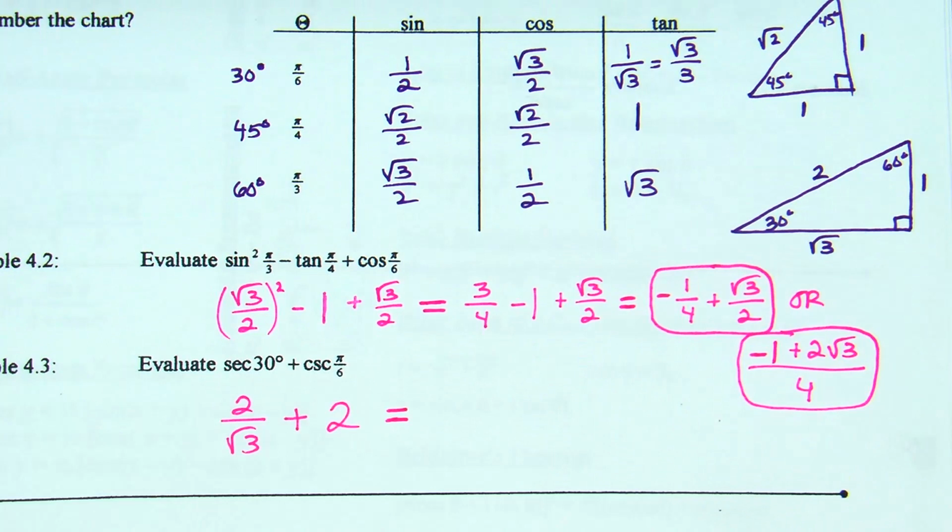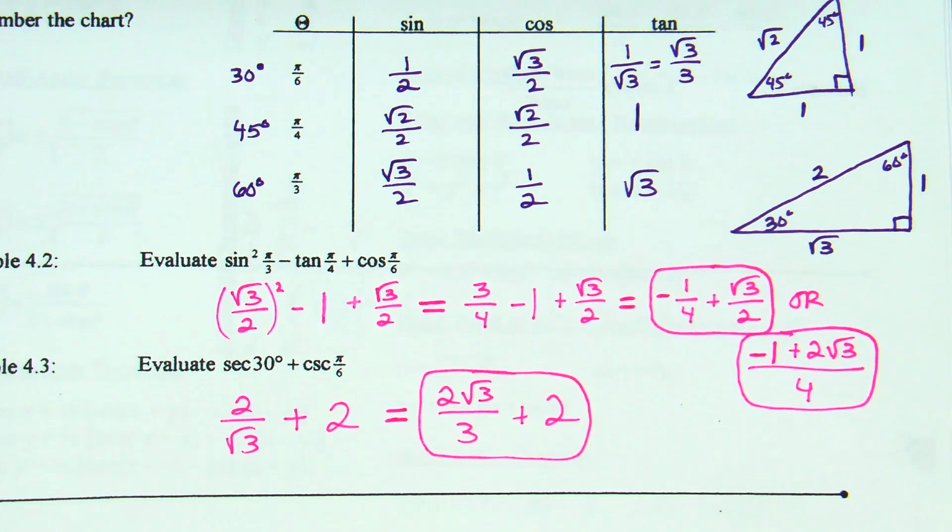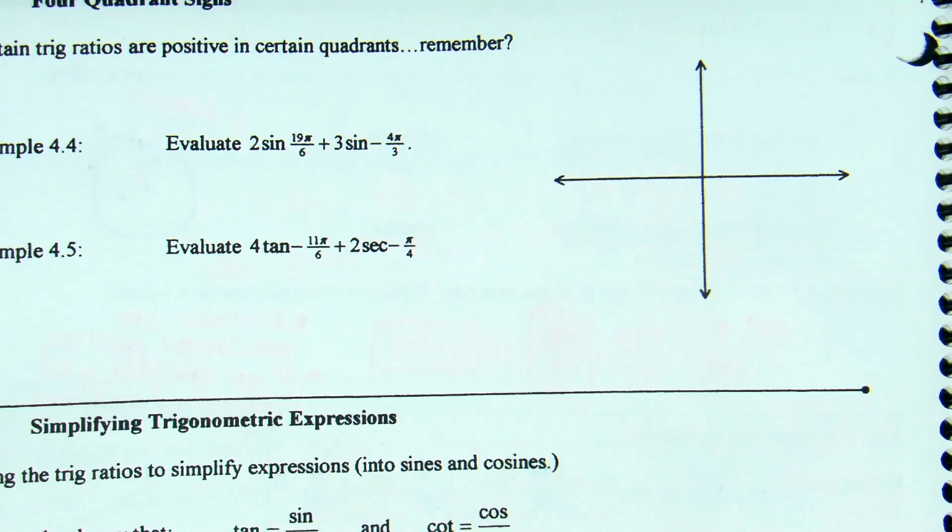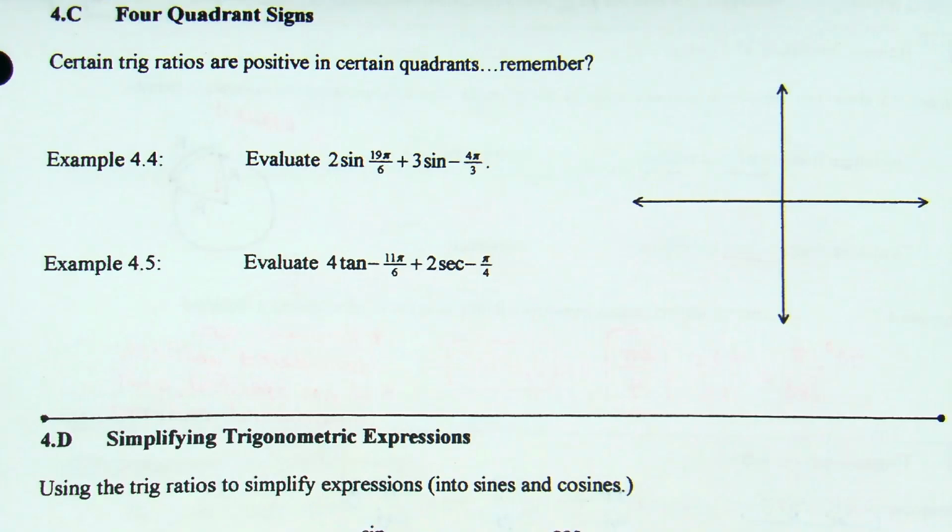Okay. 4 quadrant signs. Certain trig ratios are positive in certain quadrants. Remember? What do you remember? Okay. All students take calculus, right? So all is all. What's students stand for? Sine.